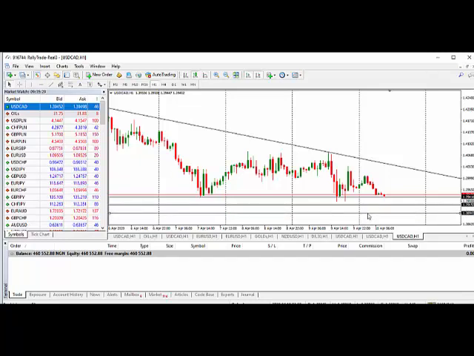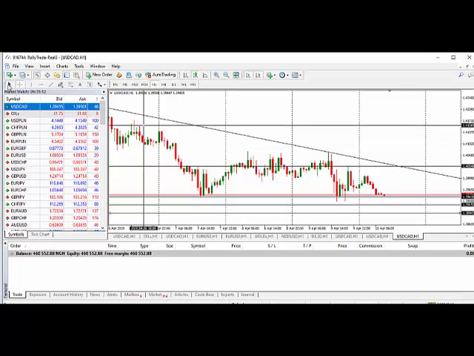Then for the breakout of this side of the triangle, we should be looking at having a buy trade around this price, because this is where USDCAD is. Okay, so it's currently around this region.